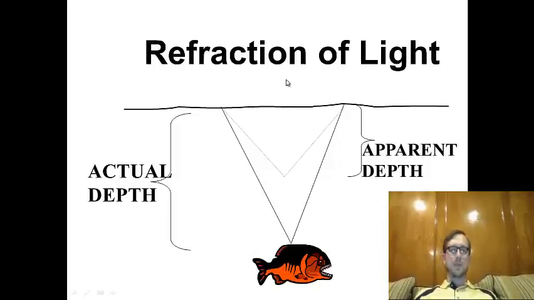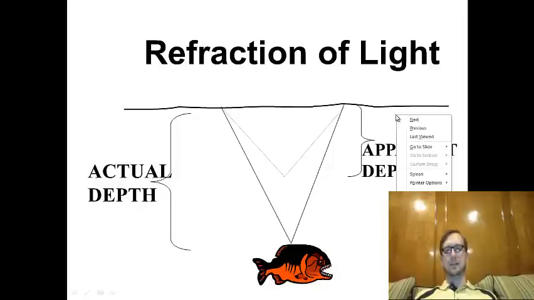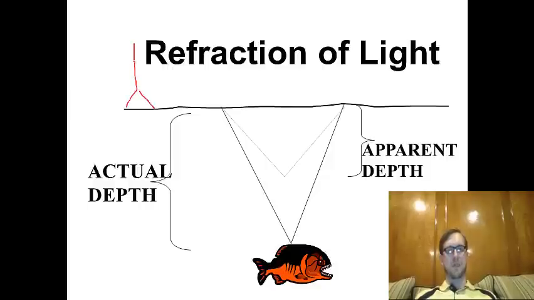So whenever we see the light coming out, so if we're standing up here, and we see a fish below the surface of the water, whenever the light hits our eyes, we see it as if the fish has come from there, because the light has hit right here.